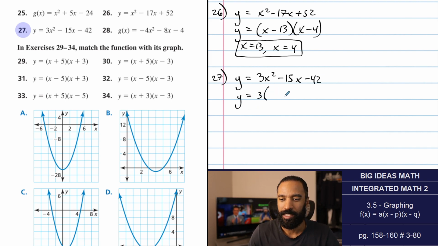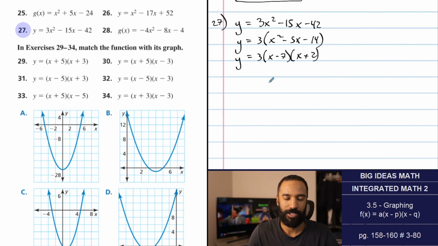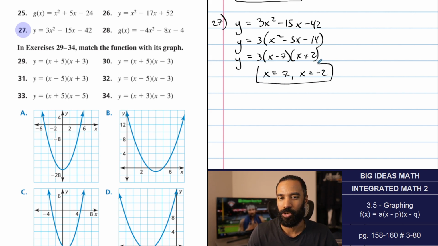We get 3 times x squared minus 5x minus 14. That is 3 times x minus 7 times x plus 2. So we factor first. Your zeros are x equals 7 and x equals negative 2.